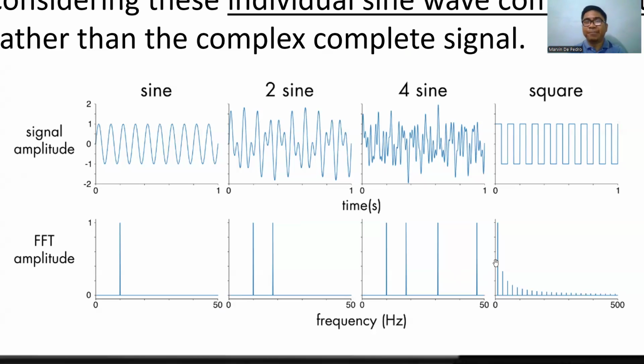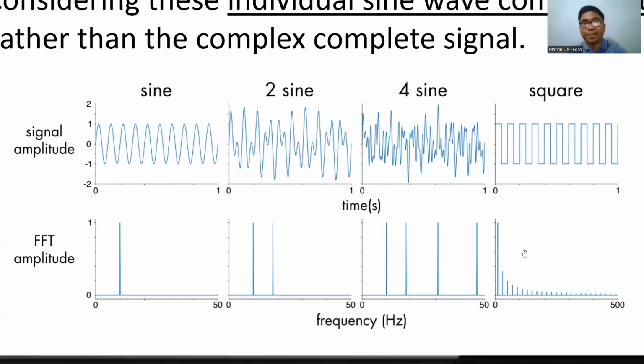But if we have other types of signals like square waves, square waves are basically a sum of different sinusoidal signals with differing amplitude and phase. If you look at the square wave, it has this kind of spectrum. So it has one fundamental signal and then an infinite number of harmonics.